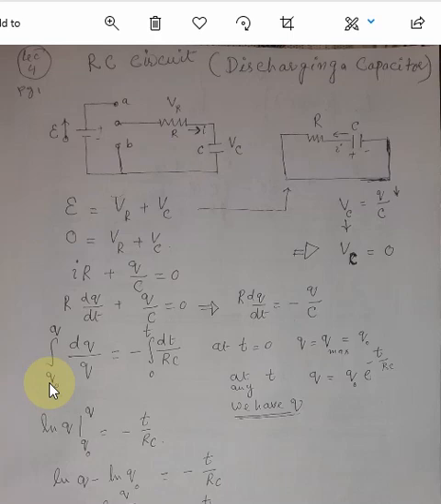We will integrate it between the limits Q naught to Q, where Q is charge at any instant of time t. This gives us natural log of Q, this integral, and here we get t, and minus 1 over RC is constant, so the integral reduces to minus t over RC with the lower limit yielding 0 result.